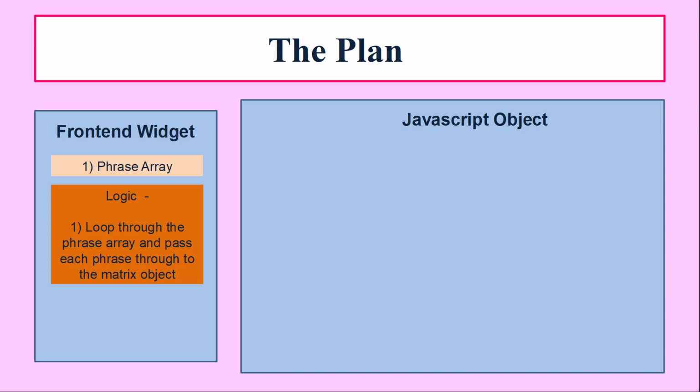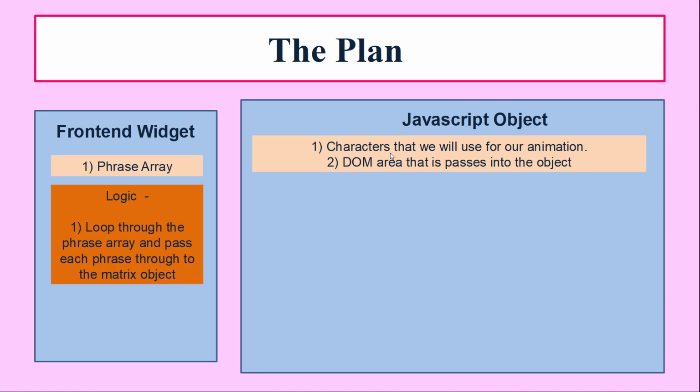Now within that JavaScript object, what we need to do first is create some attributes. The first attribute is the characters that we will be using for our random characters, and we need to get that DOM area that is passed into the object.